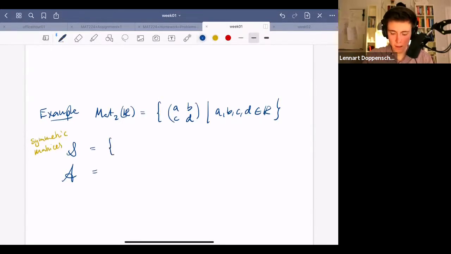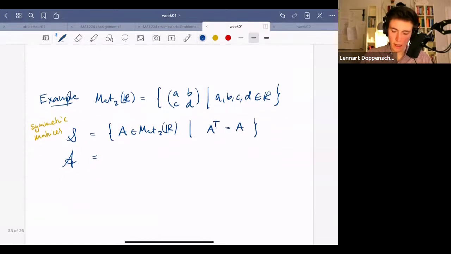This is a matrix A in Mat2(R), such that the transpose of A is equal to A. And if we define the antisymmetric matrices, it's very similar. It's all the matrices such that the transpose is minus A.